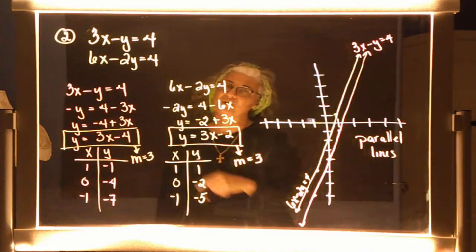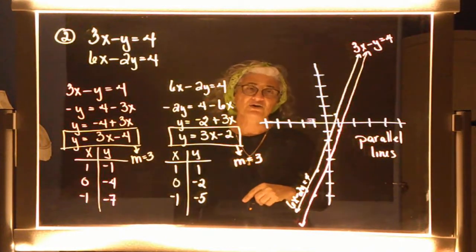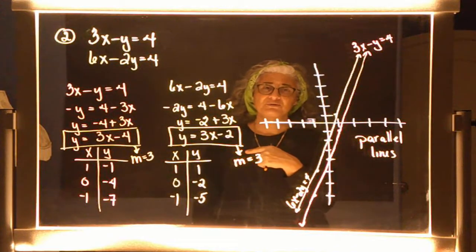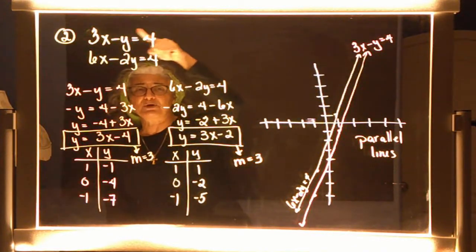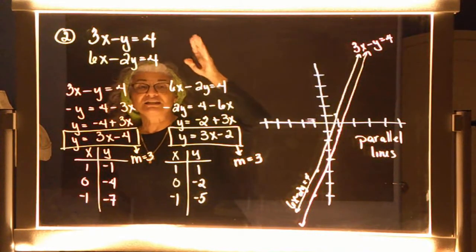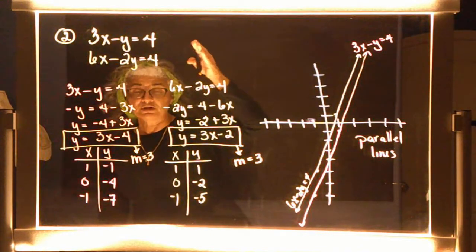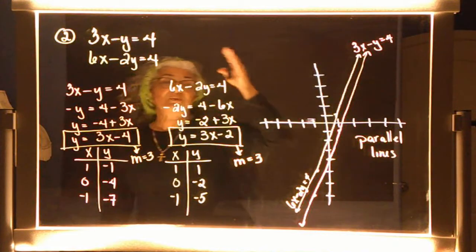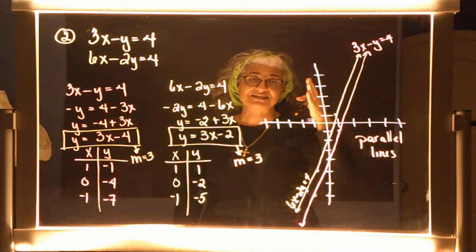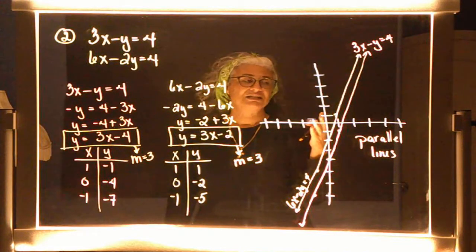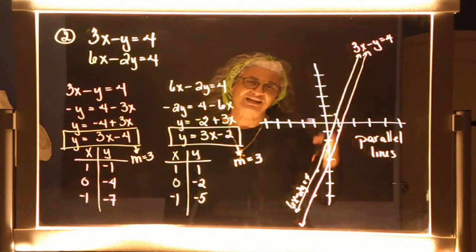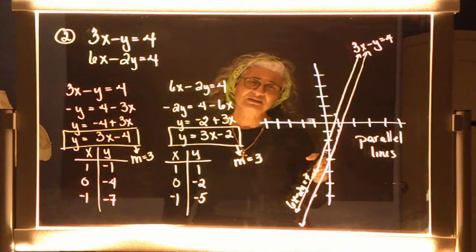Will they ever cross each other? No. And remember the last example? We're trying to find an x and a y that when we plug it into both these equations, literally works. That's the point they have in common, just like the last example, right? Well, if these don't intersect, do they have a point in common?